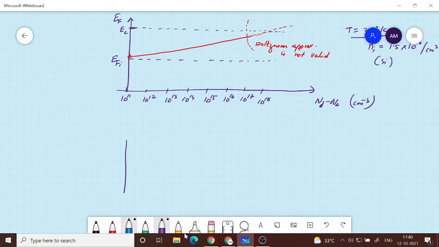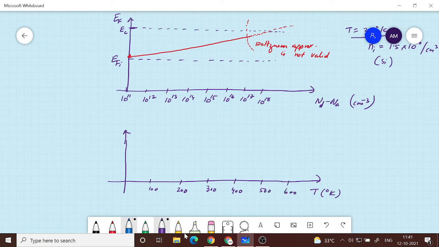So now I will take T in degree Kelvin on the x-axis. So I will have 100, 200, 300, 400, 500, 600. Okay, so these are the temperatures.